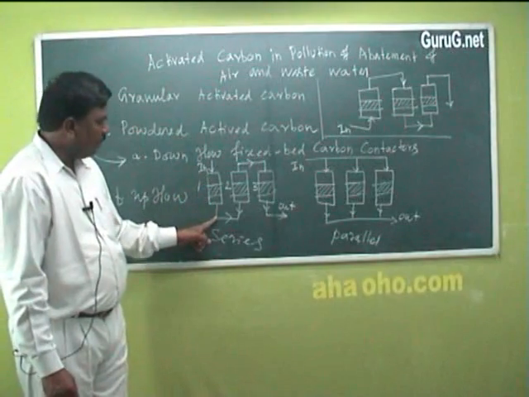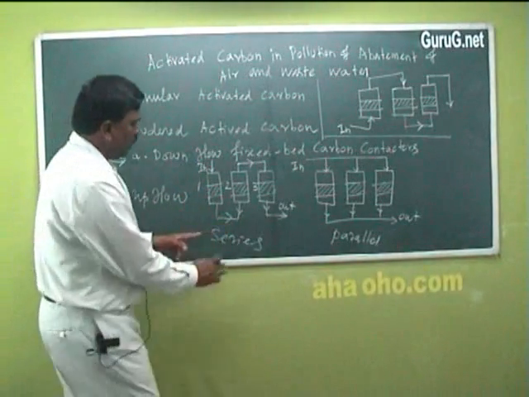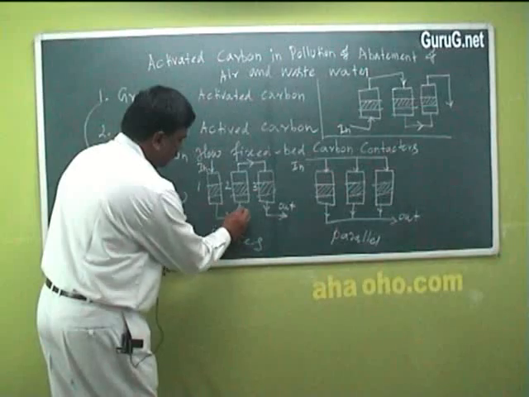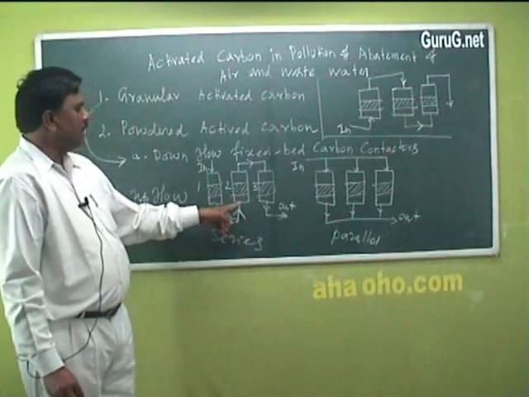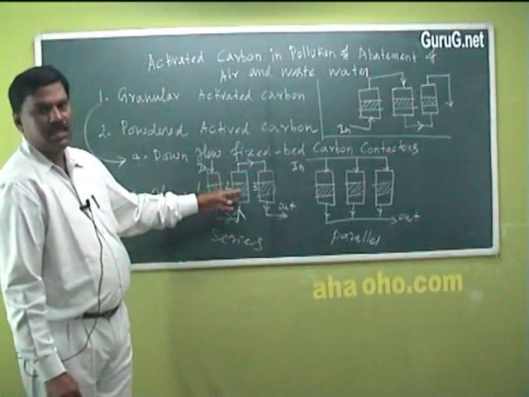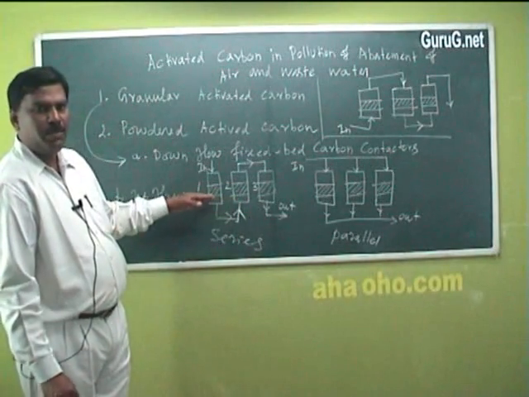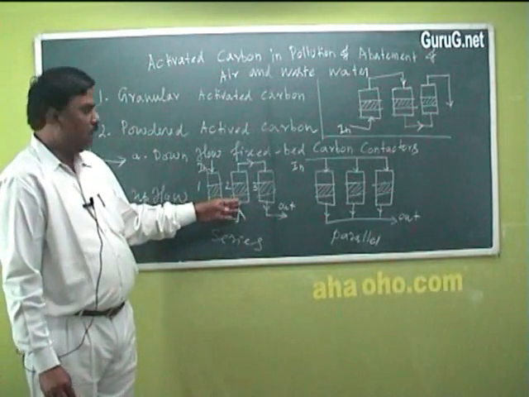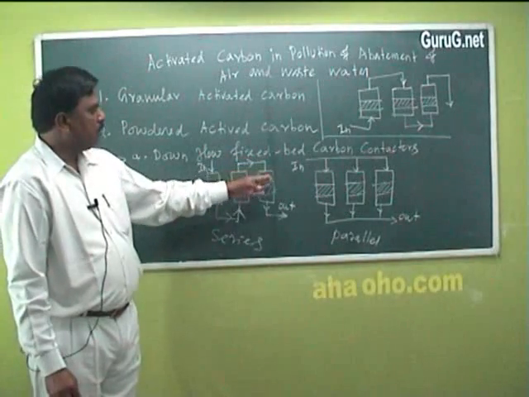Then the water comes out and is passed into the second column, where the granular activated carbon adsorbs the remaining impurities, and then it is passed into the third column.